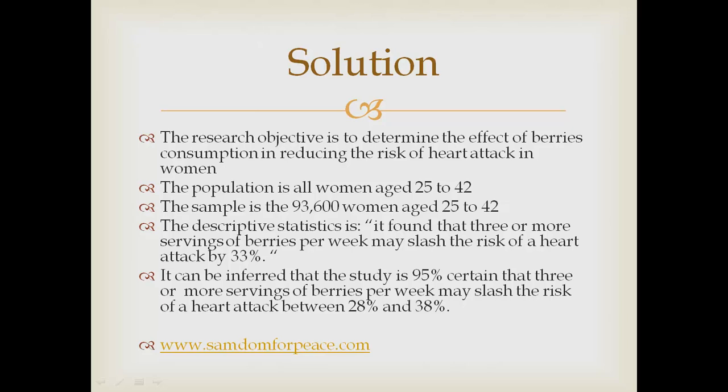You can now extend this to the population by saying that the study is 95% certain that 3 or more servings of berries per week may slash the risk of a heart attack by between 28% and 38%. The 95% certain is because of the 95% confidence level, and then it has a 5% margin of error. So 33% minus 5% gives 28%, and 33% plus 5% gives 38%.